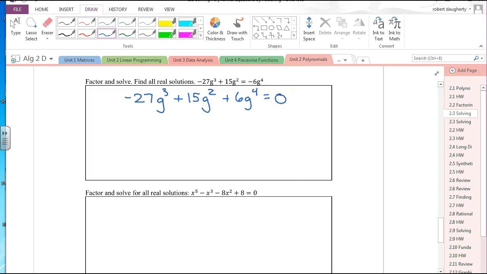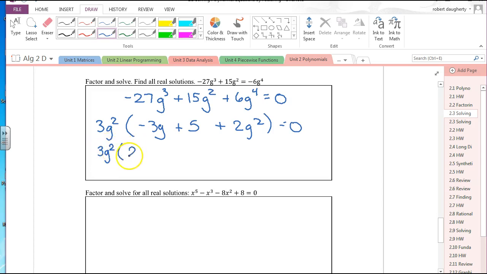It looks like I can factor out a 3g squared, and I'm left with negative 3g plus 5 plus 2g squared. All of that equals 0. So let's rewrite it like a quadratic where it's in the right order. So this is 3g squared, times 2g squared minus 3g plus 5 equals 0.